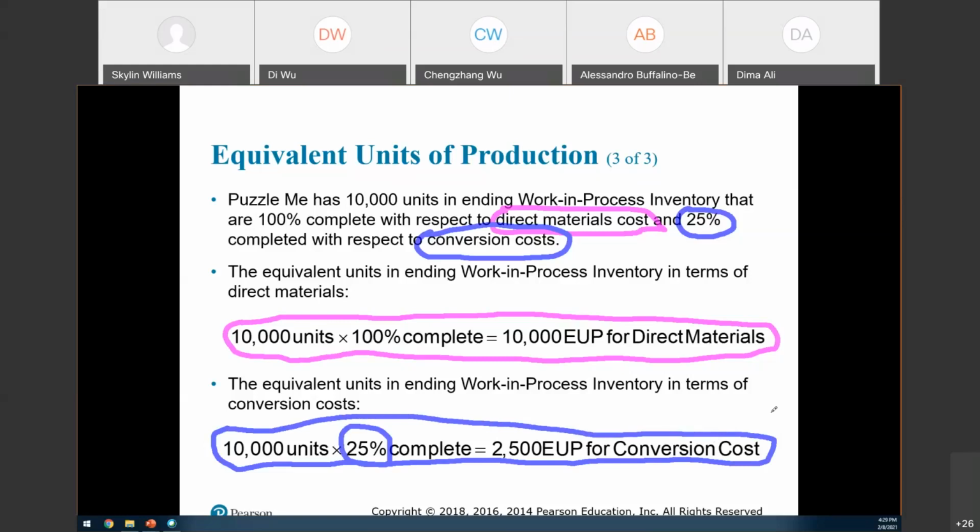So this is the concept of EUP, equivalent units of products.